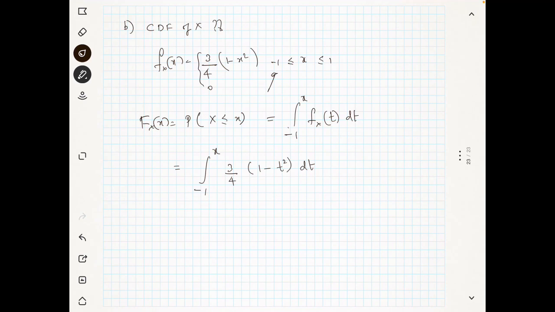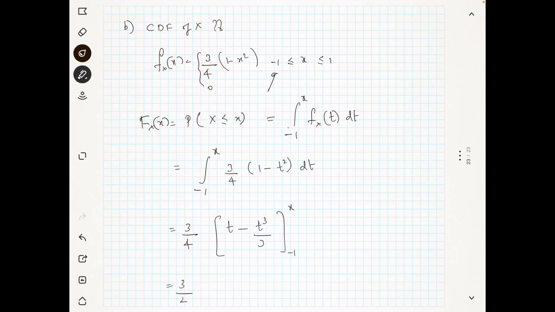If you integrate this, you will get it as 3/4 into the first part becomes t and the second part becomes t cube by 3, and you have to put the limit between -1 and x.